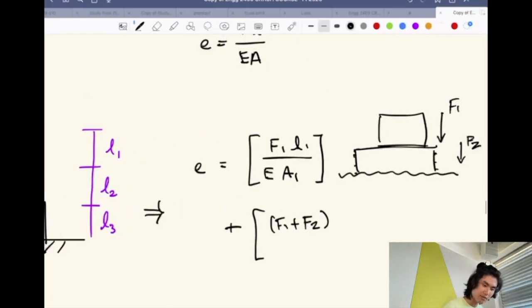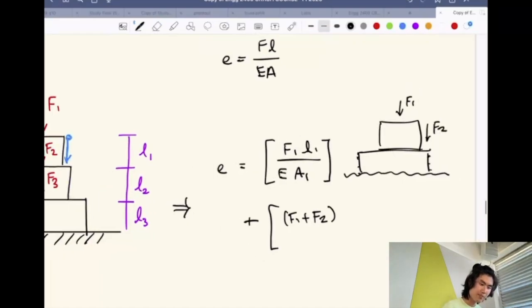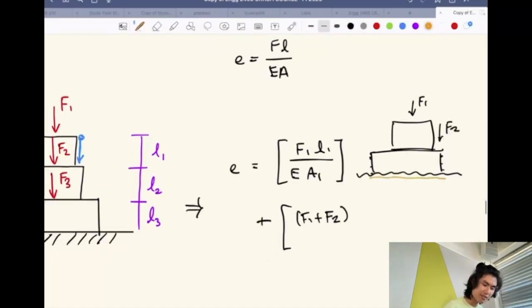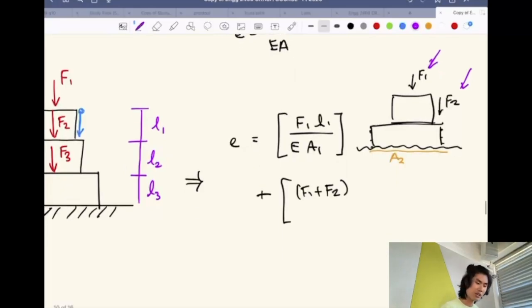If you were to think of a point at which this is F1 and this is F2, then the cross-section here is going to be the cross-section of area 2, but it's still experiencing load 1 and load 2. So it's going to take on both forces, but it's only going to be elongated by the second. Actually, I need to check that.